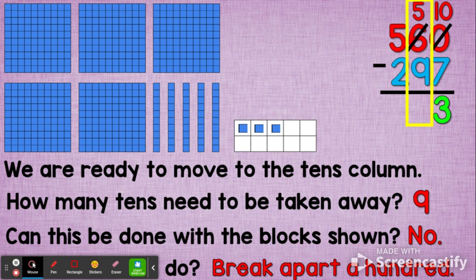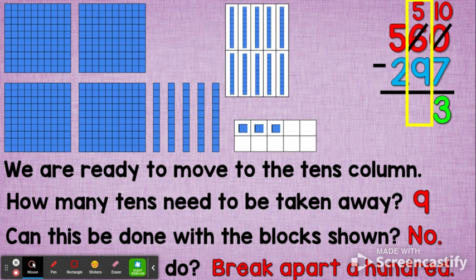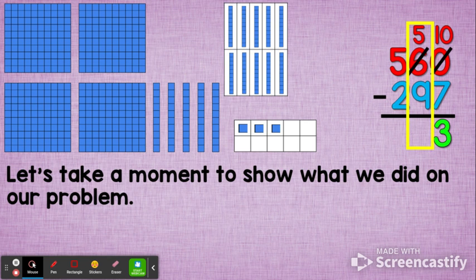You got it. Break apart a 100. Let's take a moment to show what we did on our problem. I no longer have 500s, I now have 4. So I took one from here, I now have 4, and no longer do I have just 5.